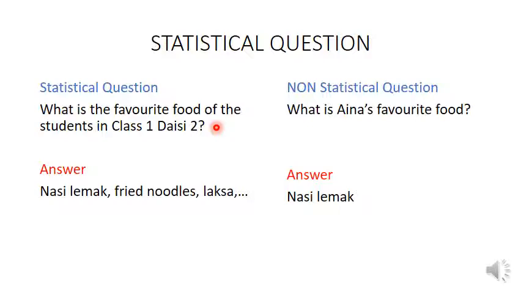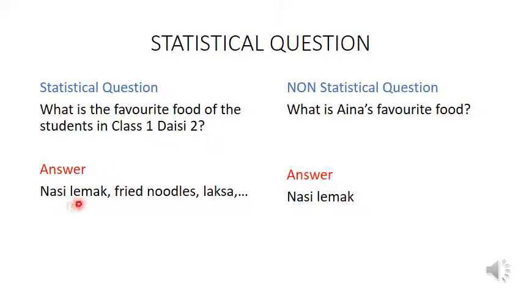How to do a survey: you can prepare your question on a piece of paper, list all the possible answers, and put a space to tick the answers that the student chooses. After that, you photostat and distribute it to the class and ask them to answer. After that, you collect back all the answers and look at all the answers that you get.